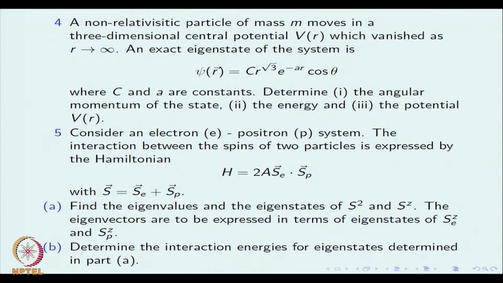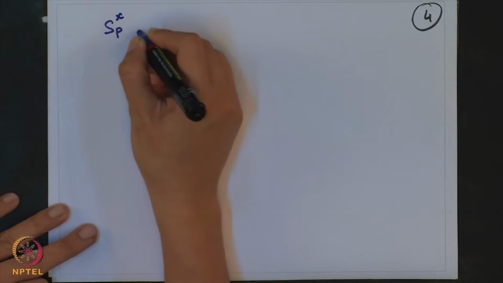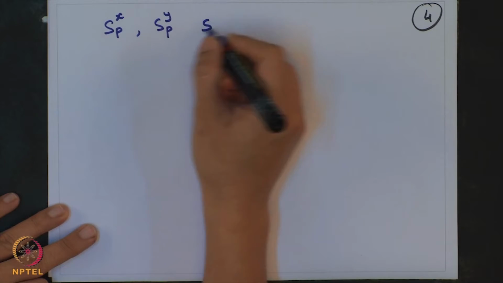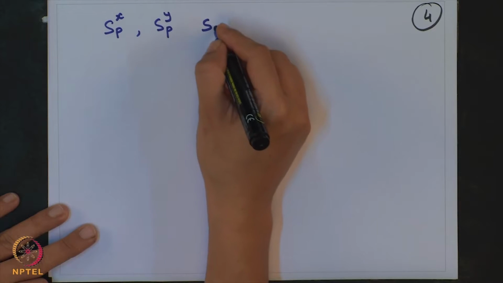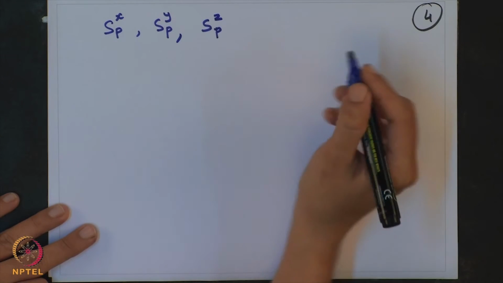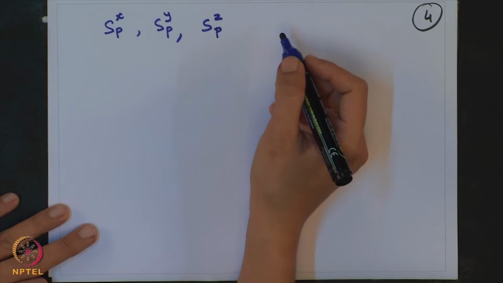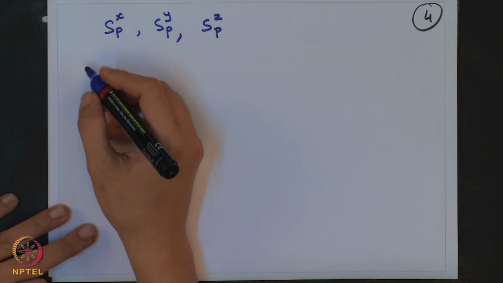One can also write in a similar manner for SPx, SPy, that is the positron; you can write the x, y and z components. Okay. Similarly, you can demonstrate the x, y and z components.